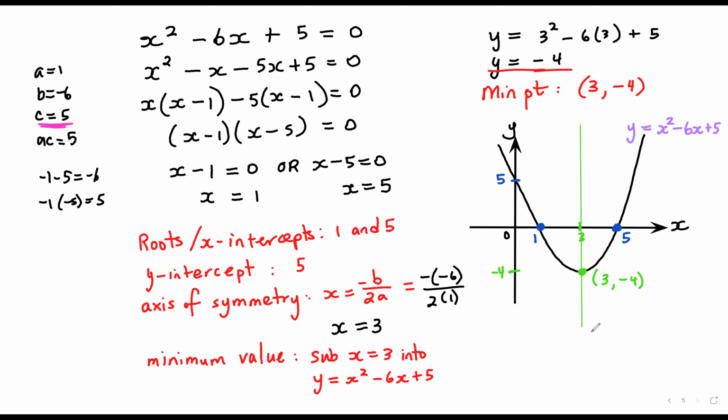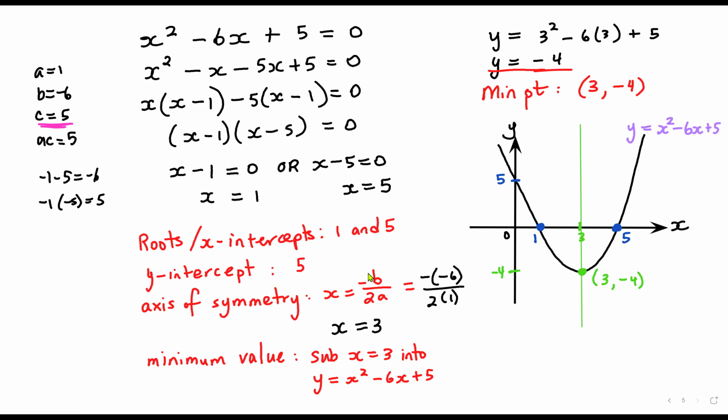All right, so just to go over, if you have a quadratic x squared minus 6x plus 5 and you need to sketch the curve for that quadratic, you need your roots or x-intercepts, which is found by solving the quadratic equation, your y-intercept, which is found by just identifying what is the c value in the quadratic equation, your axis of symmetry, in which the equation for your axis of symmetry is found by doing x is equal to minus b over 2a. That's one way to find the axis of symmetry.